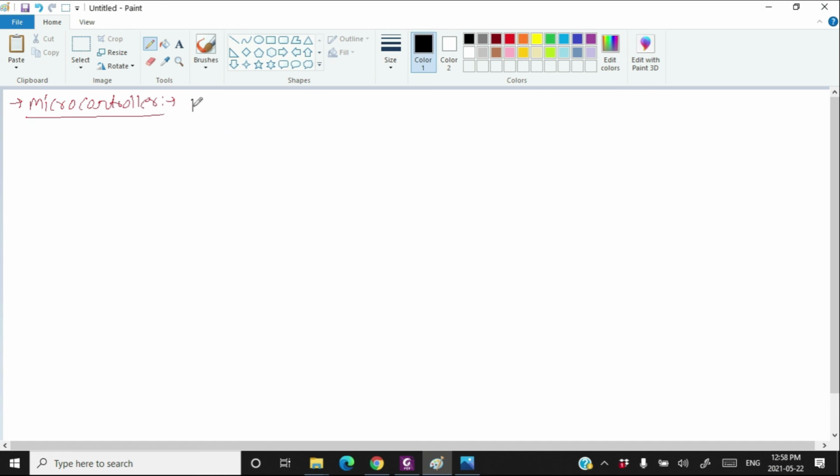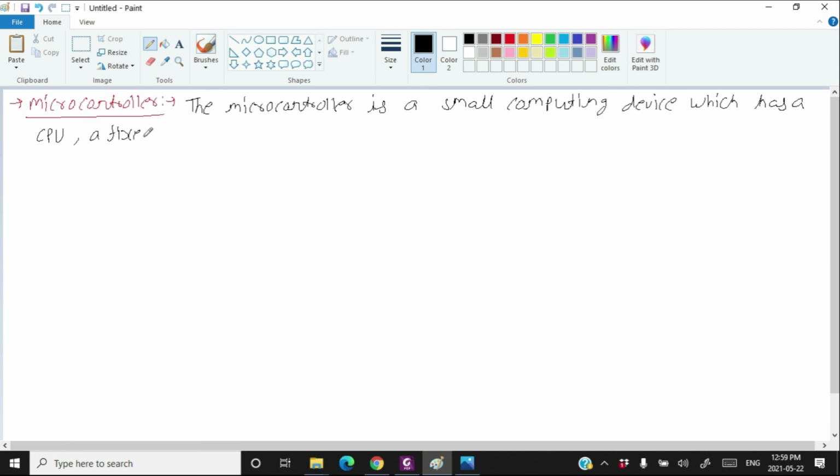So we can say that a microcontroller is a small computing device which has a CPU. Not only the CPU, it also has a fixed amount of RAM, ROM, and other peripherals, all embedded on a single chip.